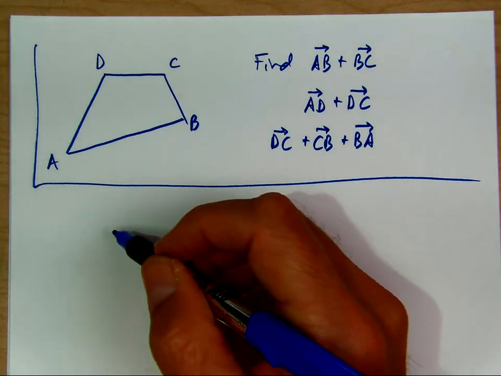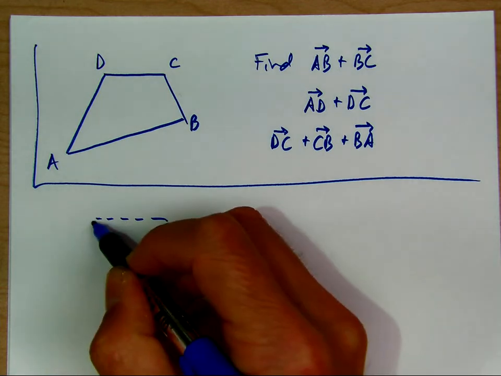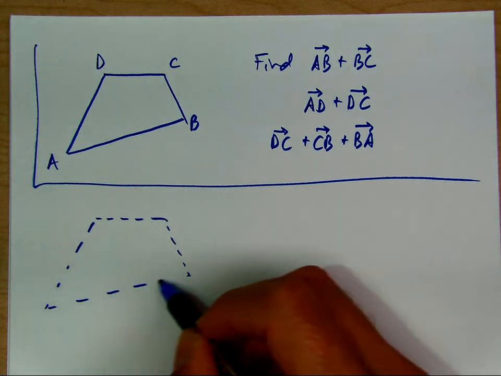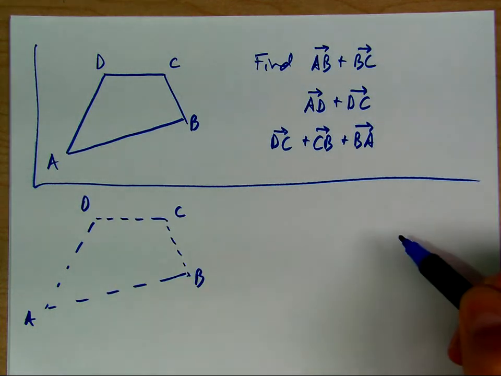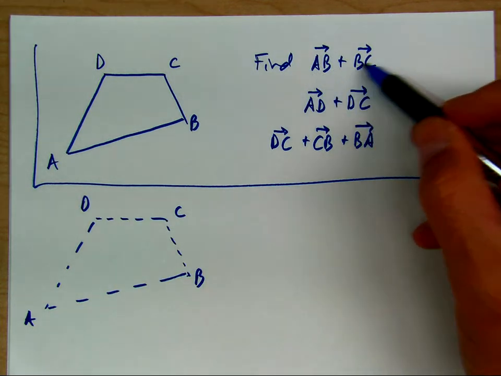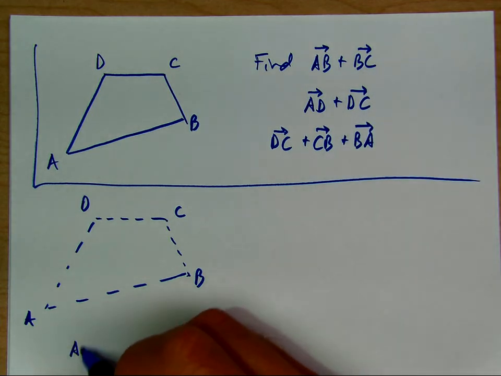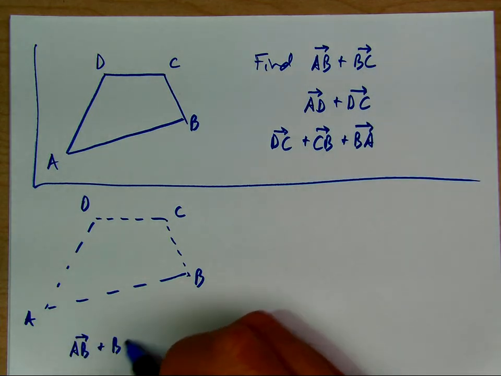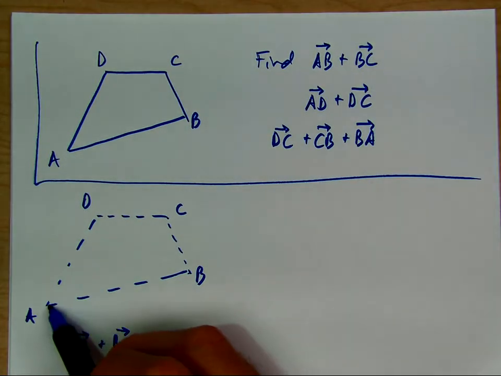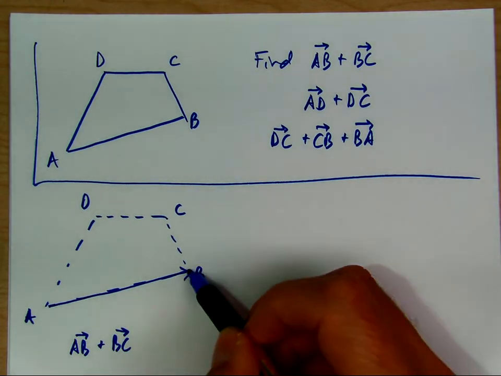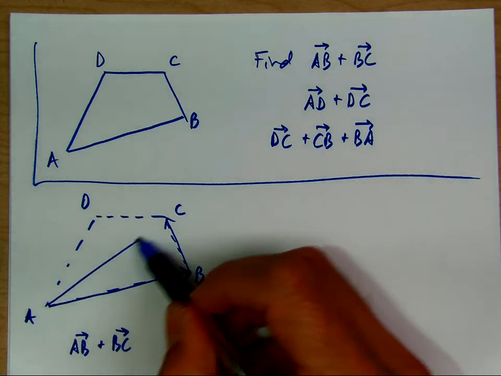Alright, so we have A, B, C, and D, and we want to show AB plus BC. What is the resultant of AB plus BC? AB plus BC. So I just draw AB plus BC, and the resultant is AC.